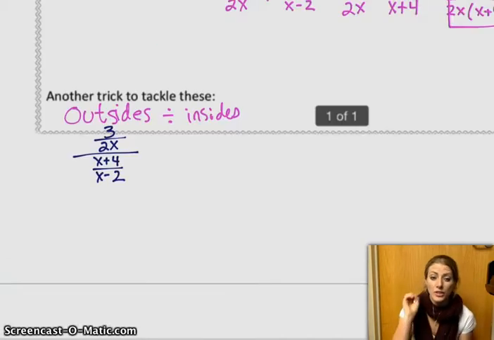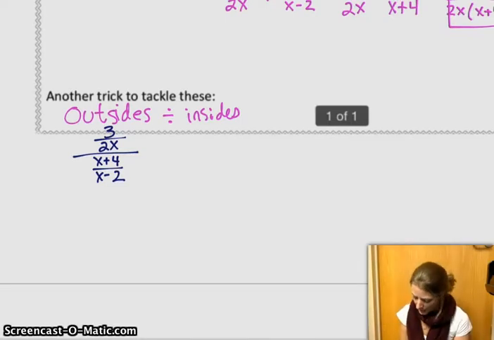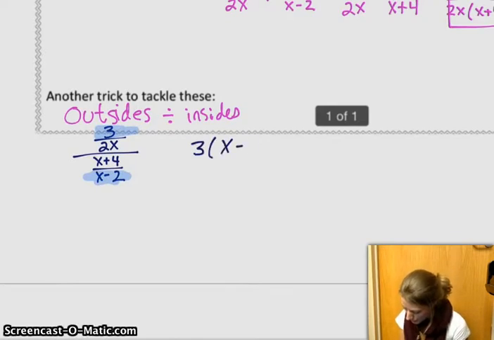Okay, so if you have strictly one fraction over another fraction, you can just do the outsides multiplied together divided by the insides. So in this case, I have the 3 and the x minus 2 on the outsides. So I have those multiplied together. I've got 3 times x minus 2.